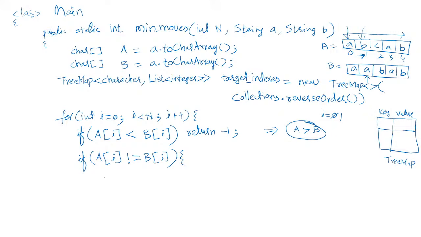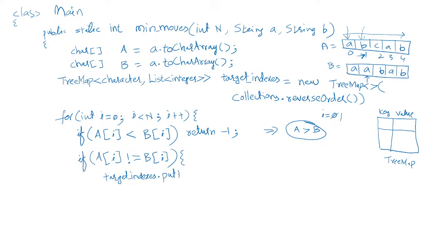First I am checking whether the character of this B is already in the key or not. How can we check that in Java? Our tree map name is targetIndexes. So targetIndexes dot putIfAbsent.